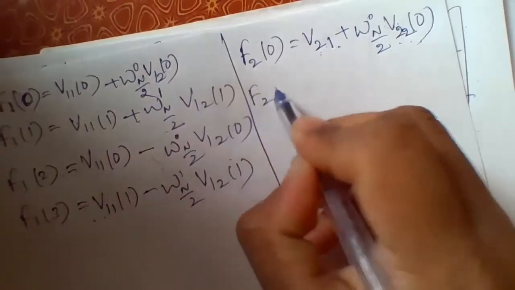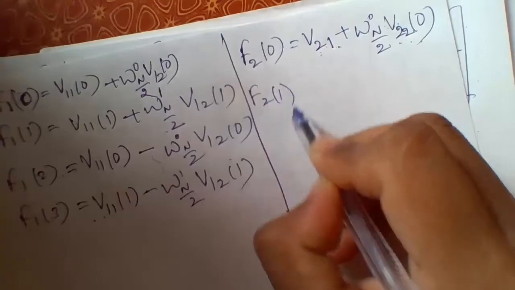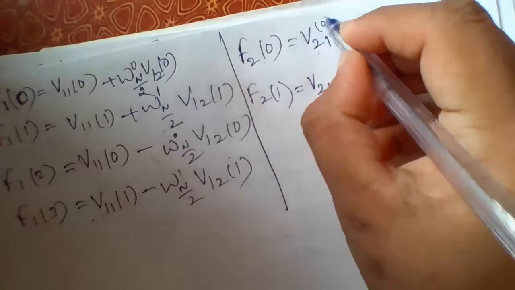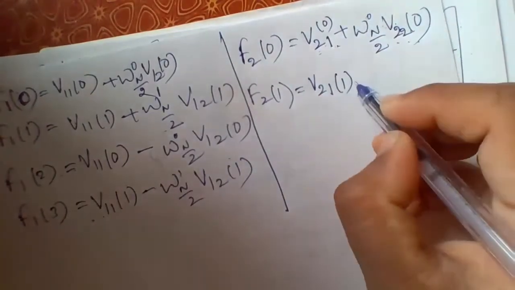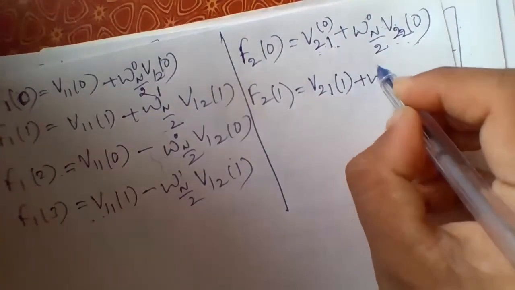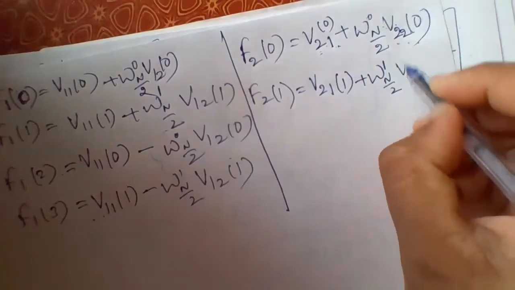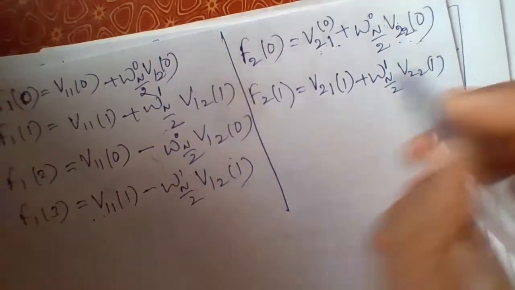Similarly, F2 of 1 will be V21 of 1 plus W raised to 1, N by 2, V22 of 1.